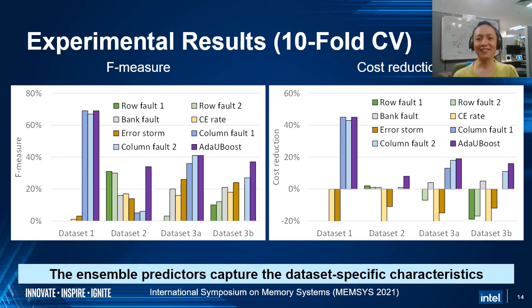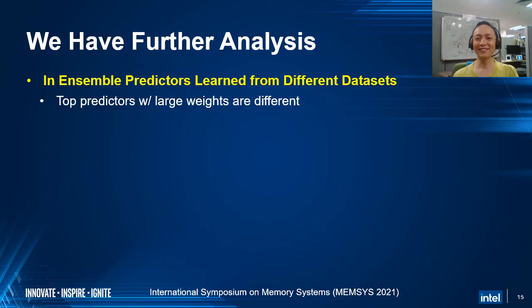This indicates that the ensemble predictors are able to capture the dataset-specific characteristics. We have some further analysis showing that in ensembles learned from different datasets, the top individual predictors with large weights are different.